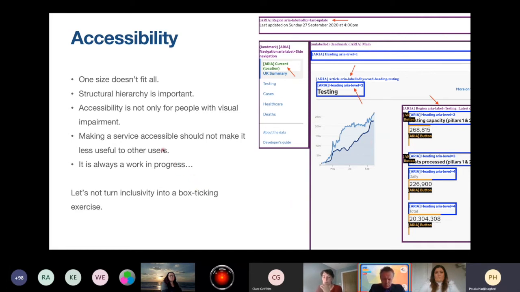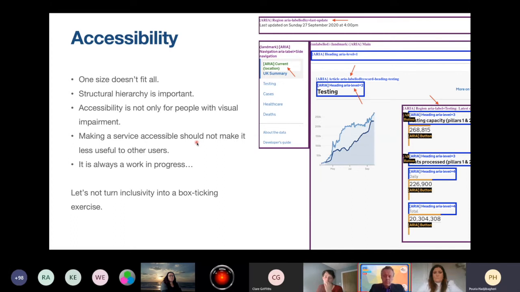Making the service accessible should not also mean that it is less useful to other users. So there should be a balance in there. We shouldn't compromise, and it's always a work in progress. And it's not limited to people with visual impairment.